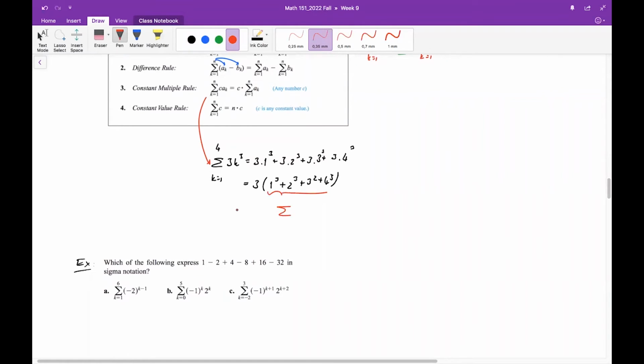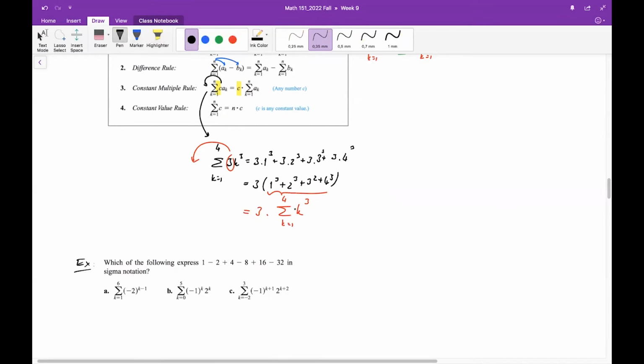You can turn this back to sigma notation as 3 times the sum of k cubed from k equals 1 to 4. So this means that you can take constants which do not depend on k out of the sigma notation. These constants may go out. a_k is the term depending on k, but if you have constants independent of k, you can just take them out, okay? Like this.